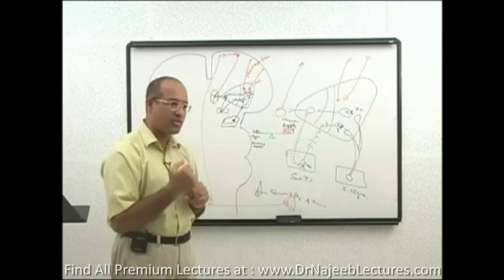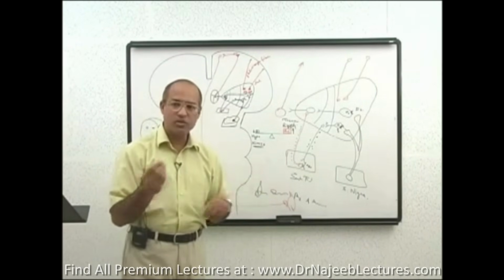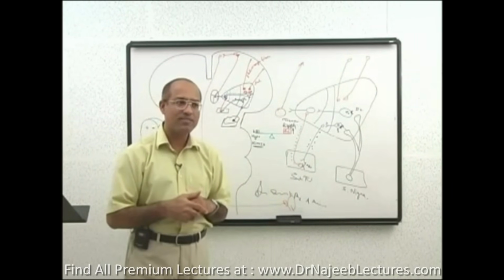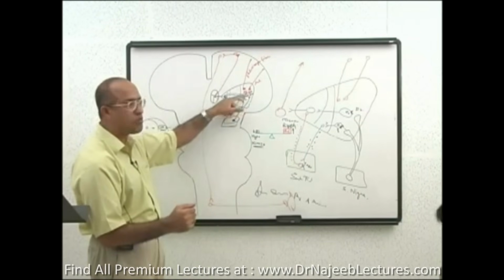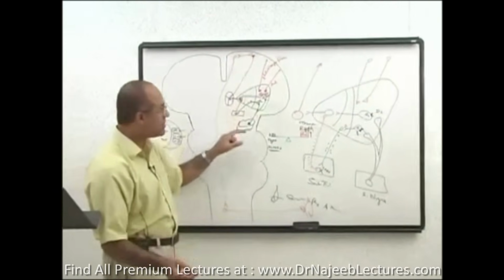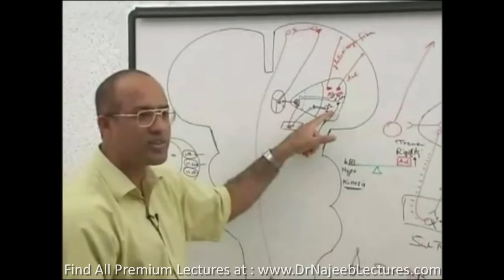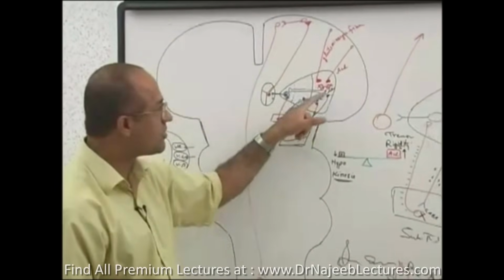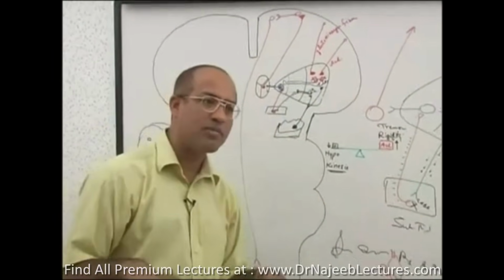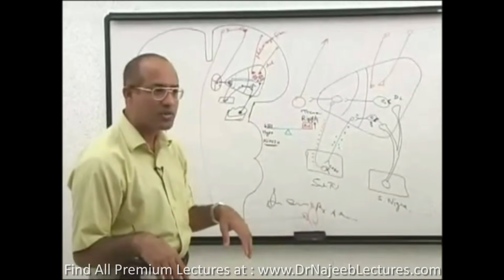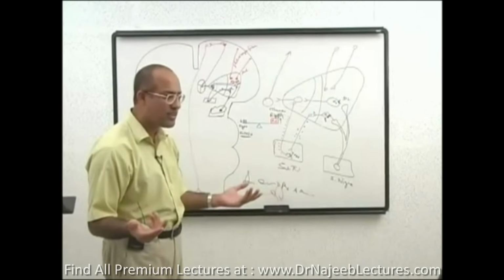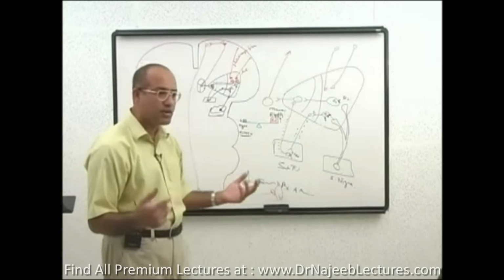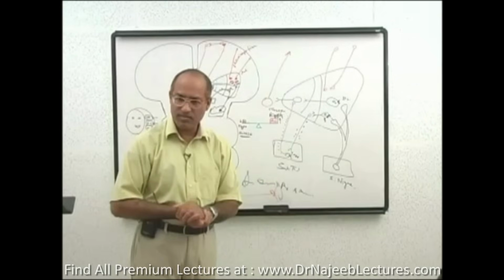If you give me a heavy dose of antipsychotic drug, I'm a healthy person, but that drug will block dopaminergic receptors here, and if these receptors are blocked, it is the equivalent of having Nigrostriatal pathway deficiency. Until these receptors remain blocked, I will develop some abnormal motor activities which are called extrapyramidal side effects of antipsychotic drugs. Many patients on antipsychotic drugs develop features like Parkinson's disease.